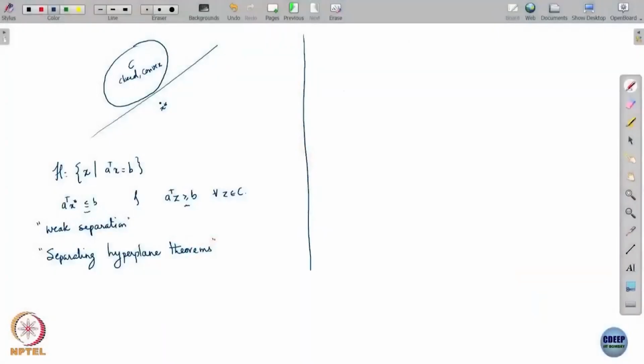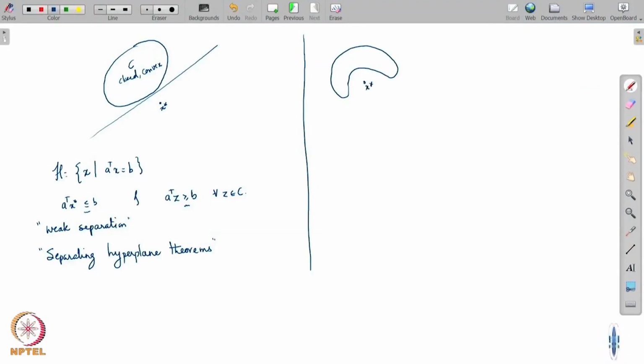Now, what is the role of convexity in a separating hyperplane theorem? You can see that by looking at another case. Suppose this set C was not convex like this, but shaped like this, and I had a point x star out here.